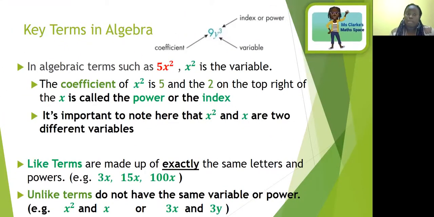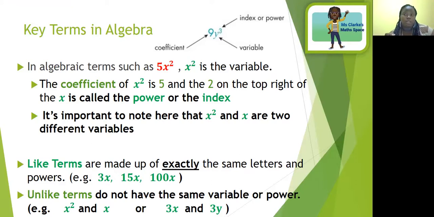In algebraic terms such as 5x squared, or 5x to the power 2, the x squared would be the variable. The coefficient of x squared would be 5, and the 2 on the top right-hand side of the x would be called the power or index.